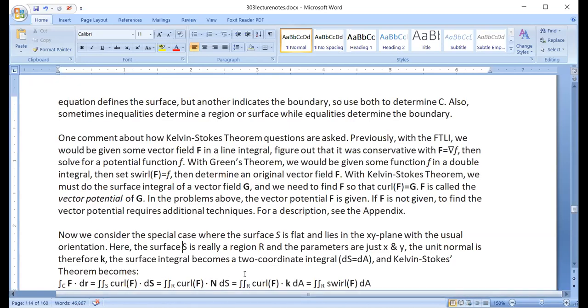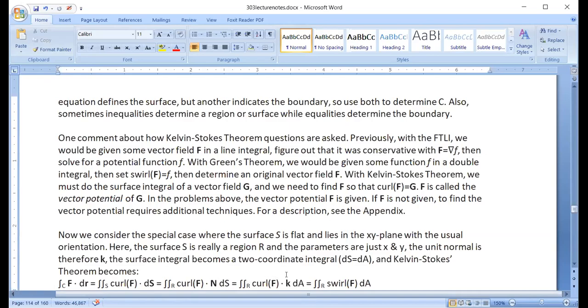Now, unit normal n is just the k vector, and dS is just the same as dA because they both live in the xy plane. And what is the curl of F dot the k vector?